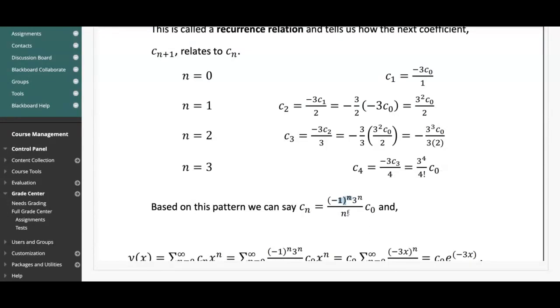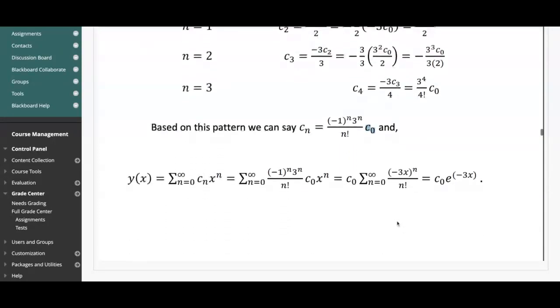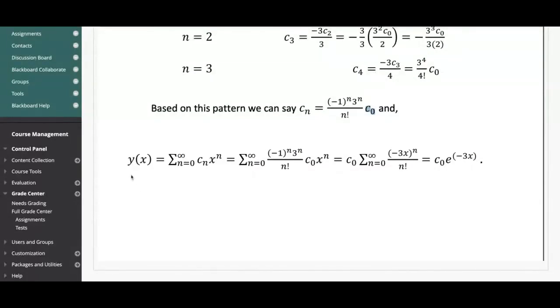You can split this to show this is an alternating series. But you can write negative 1 and 3 together, raised to n, divided by n factorial, for the first term. So a typical general solution would be y of x.